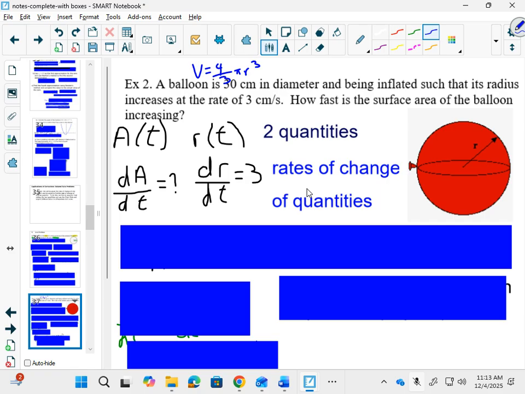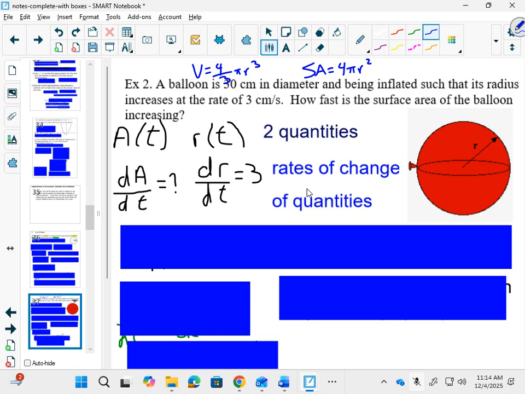I'm going to show you something today that's going to make you smile, I hope. Like that's so cool moment. Does anybody know the surface area of a sphere? Surface area is 4 pi r squared.